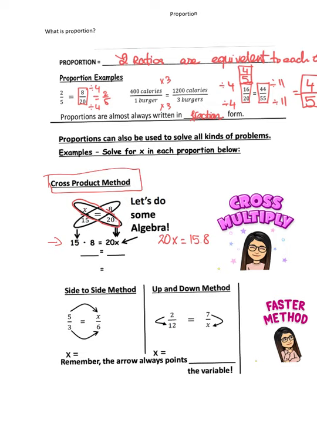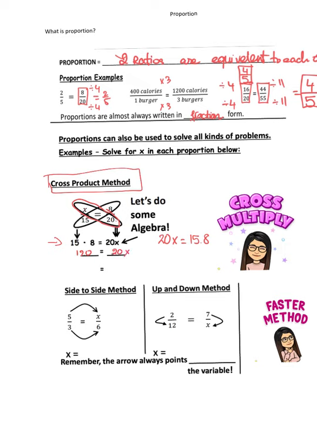So again, it's cross multiply. We multiply the two numbers together. So we have 15 times 8. How much is 15 times 8? 120. And then 20 times x is still 20x.